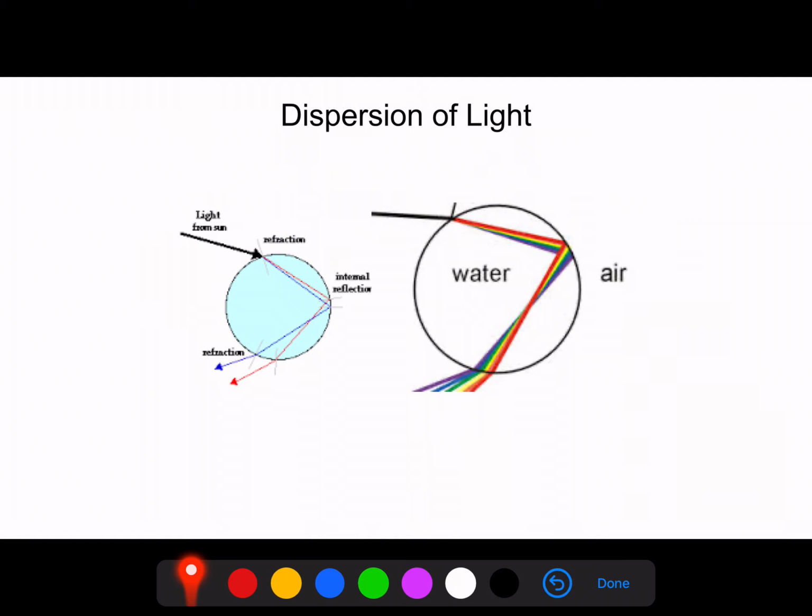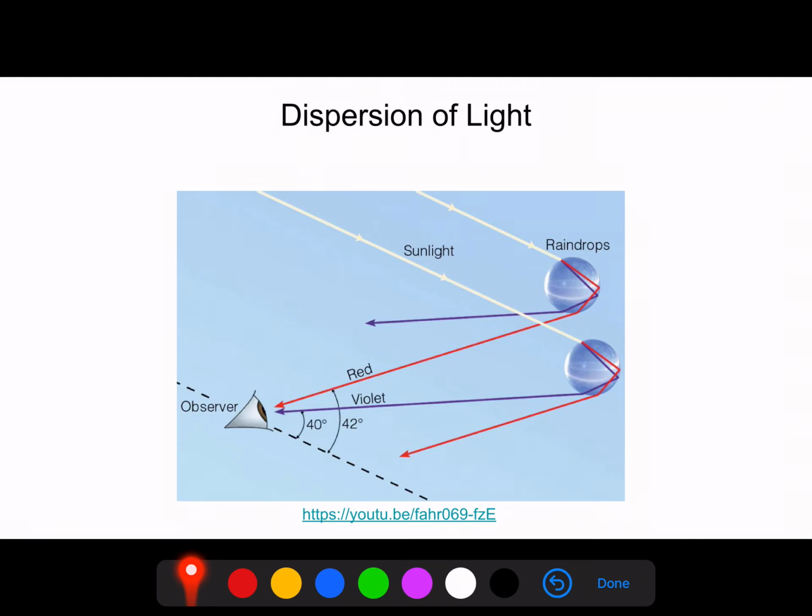Okay, so what happens is that the incoming light from the sun hits so many different water droplets in the air, and when it enters the water droplet, it is refracted in a frequency dependent way, and then there's total internal reflection that occurs within the droplet, and then when it emerges again, it's refracted again in another frequency dependent way, so that when the light reaches your eyeballs, what you see is the red on top.